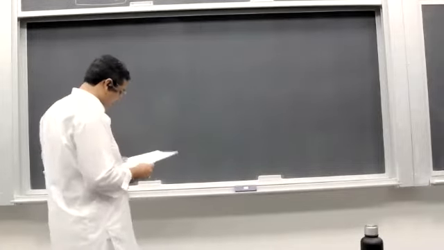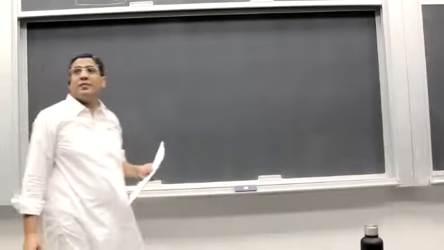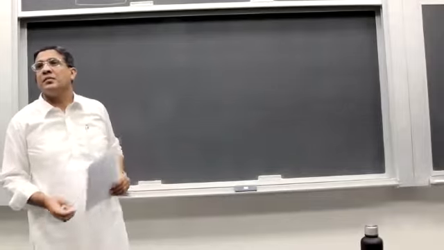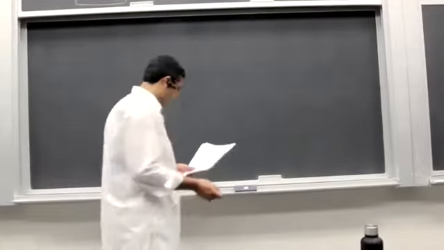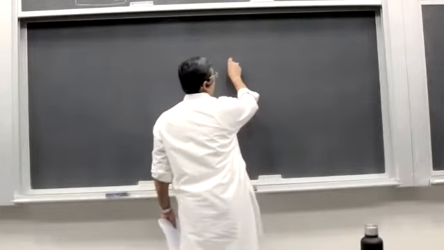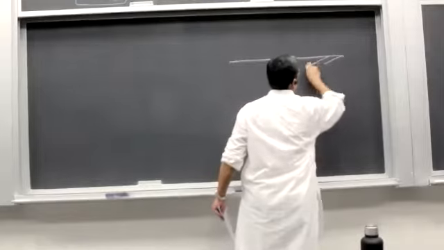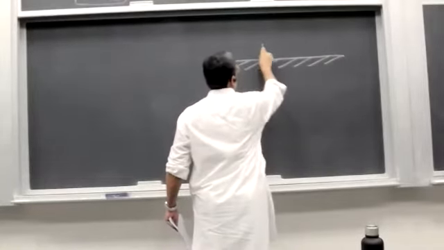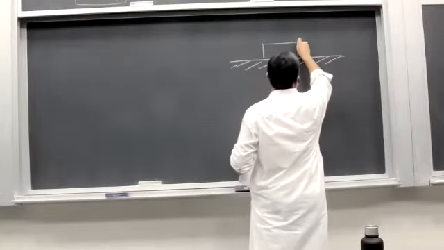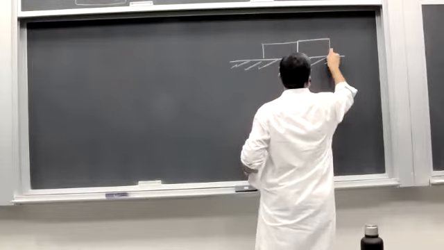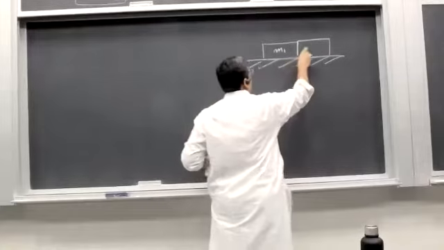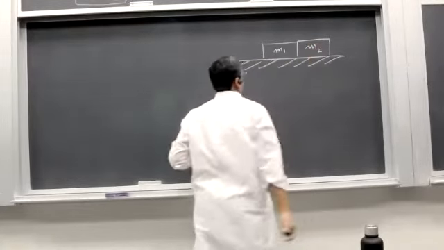All right, another example. Any questions so far? All right. So now let's say that we have another situation, another flat surface. Now we have two objects sitting on it, two blocks, M1 and M2.